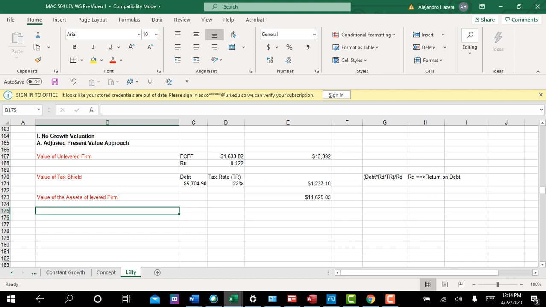Now, we're going to take out the debt here. We're going to take out Lilly's debt value. So I'll just put value of debt. Keep in mind that I'm using book values here. In real life, you would do this using market values, but I'm keeping this simple.